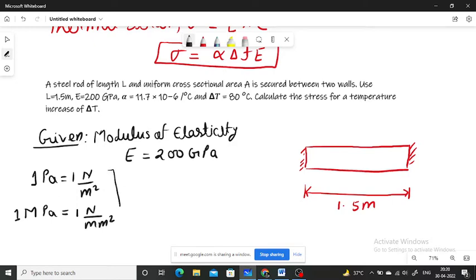If I use this here, because the length of the bar is in meters, I change this unit to meters. So here E is equal to 200 into 10 to the power 9 Newton per meter square, because 1 giga is equal to 10 to the power 9.